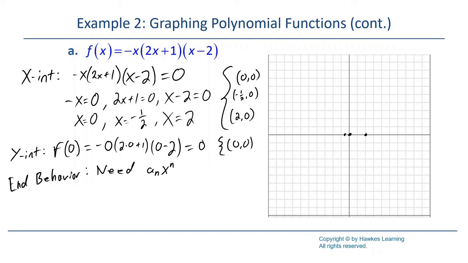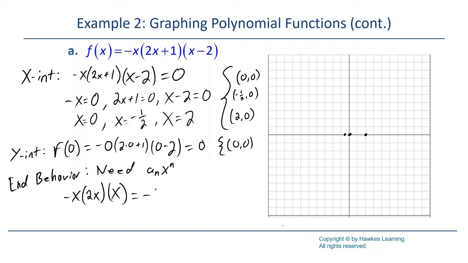So in order to get this, you just take everything that's attached to an x and multiply it together. So basically, you drop any pluses, or plus a number, or minus a number. You leave this minus here, because that's going to be important in a sec. So negative x times 2x times x.